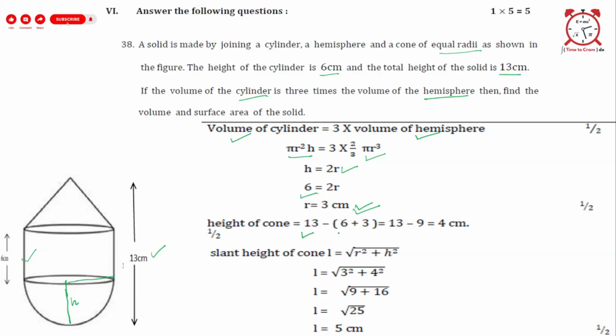From this 13 we subtract 6 for the height of the cylinder and 3 for the height of the hemisphere, so we get the height of the cone as 4 centimeter. Now the slant height of the cone, using the Pythagoras formula, we get L equal to 5 centimeter.